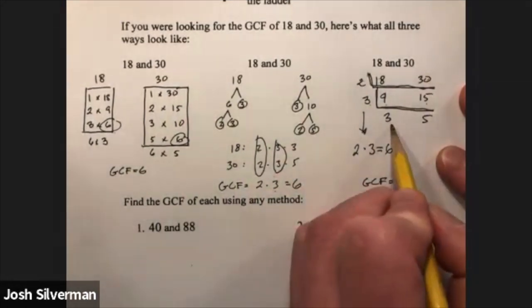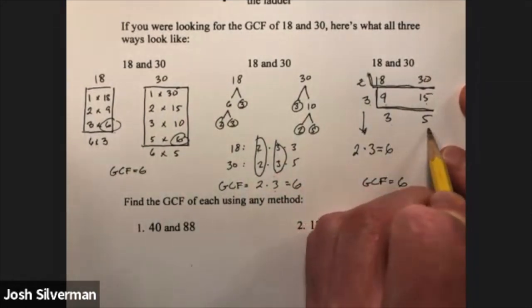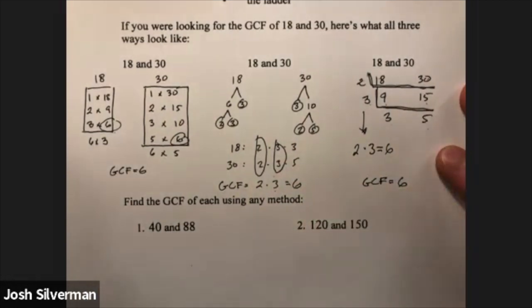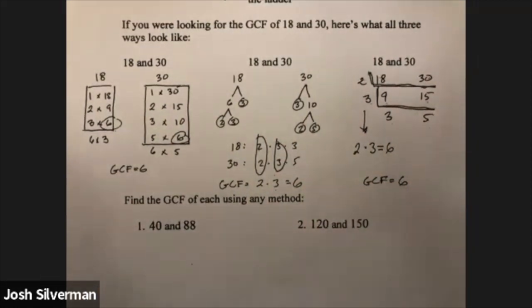Okay, what can both of those be divided by? Well, the only number that goes into both 3 and 5 is 1. And when I ask the question, what can they be divided by?